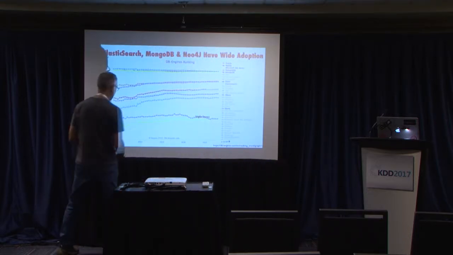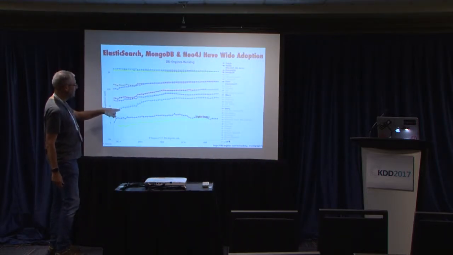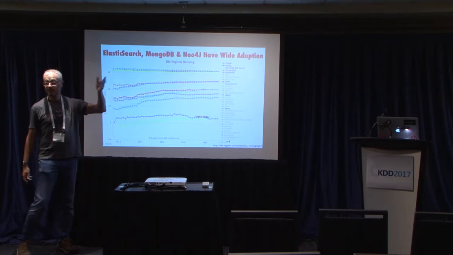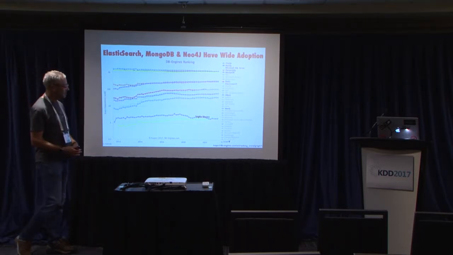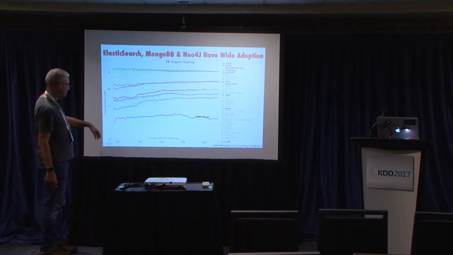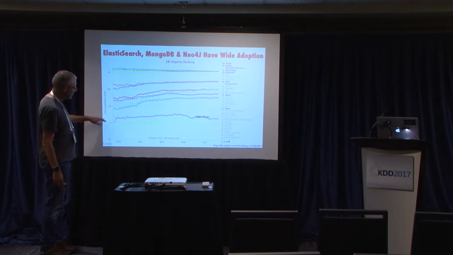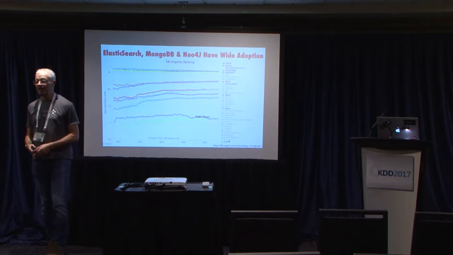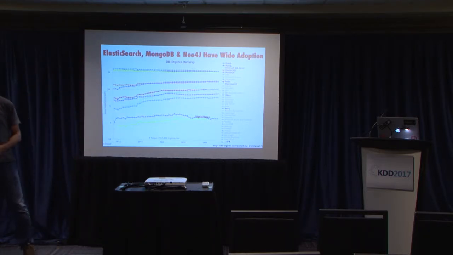Elasticsearch has been growing a lot since 2013. It had less than 10, now it has more than 100, so that's a big increase. And here are triple stores, hovering at around 1 or 2 for a very long time.